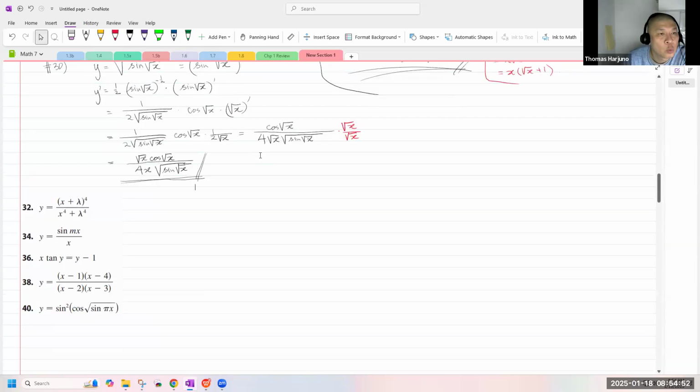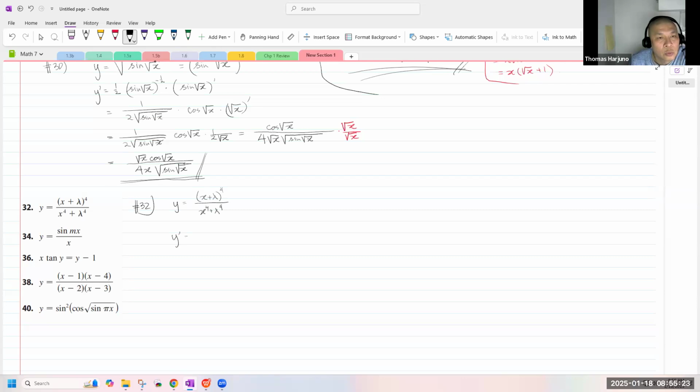Let's go on to the next one, number 32. Now we have two variables here, x and lambda, but let's assume that the variable we are dealing with is x and lambda is just a parameter or a constant. So y equals x plus lambda to the fourth over x to the fourth plus lambda to the fourth.